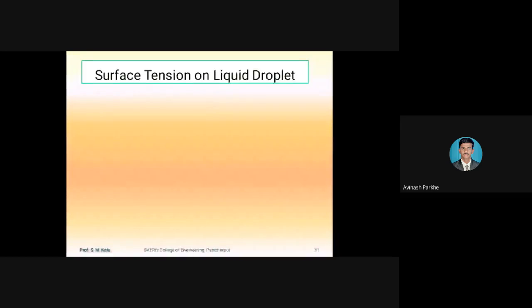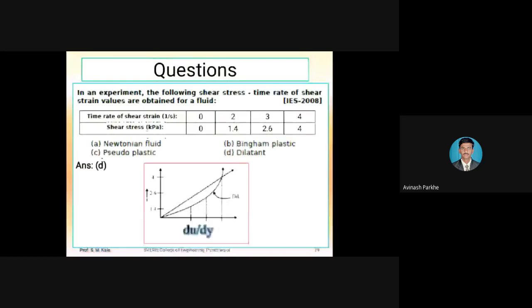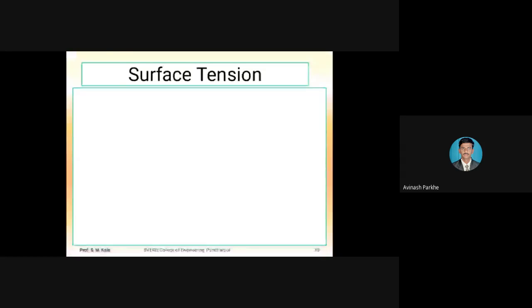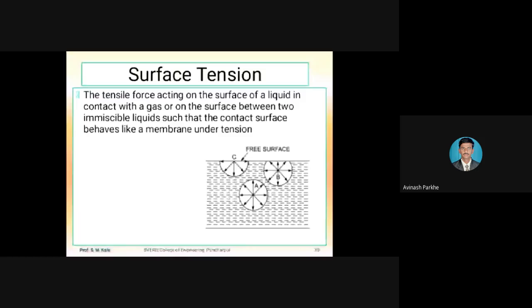Okay. So we'll take a short review related to surface tension. We know the definition of surface tension. Surface tension is nothing but the tensile force acting on the surface of a liquid which is in contact with two immiscible fluids.